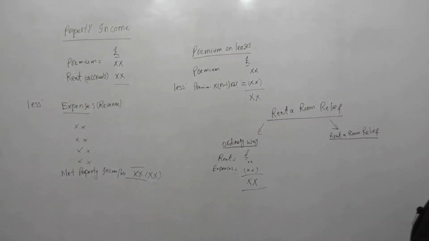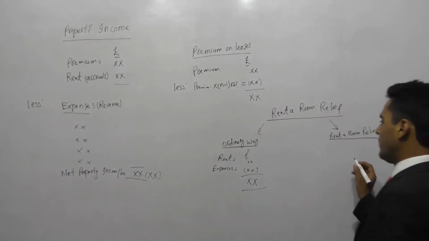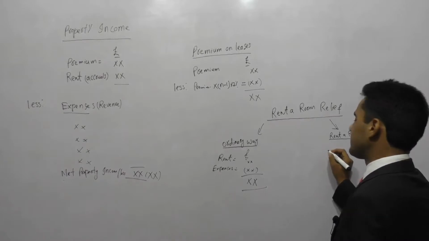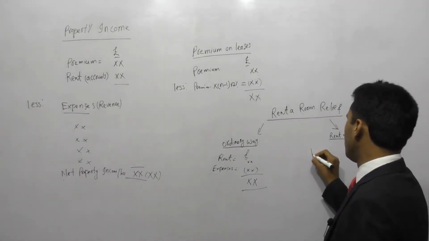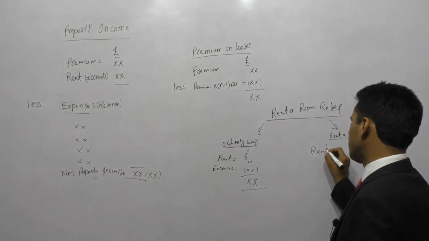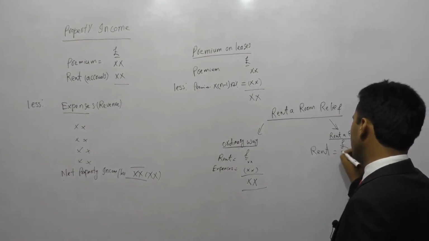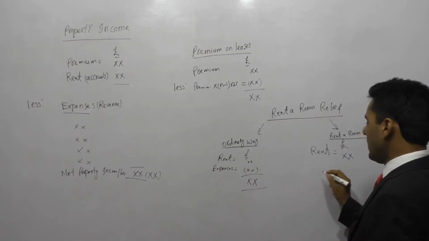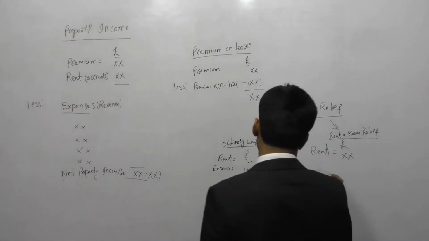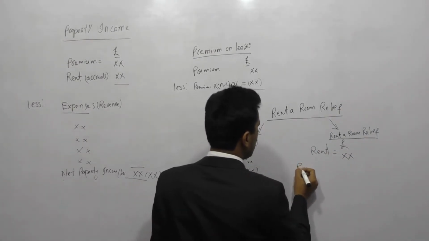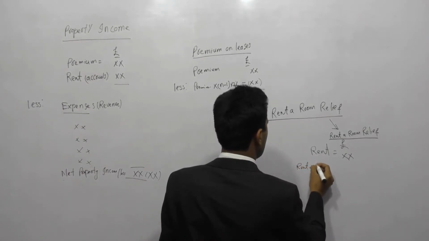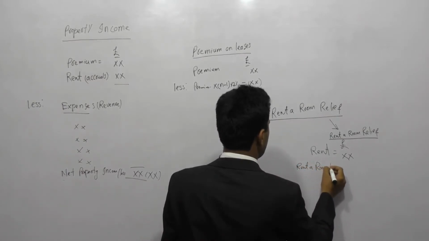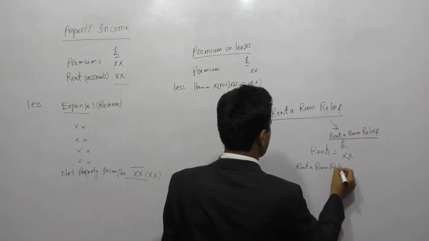If you choose rent a room relief, then we cannot deduct any expense. We just take the rent, whatever rent we are getting, and we can deduct rent a room relief out of that.